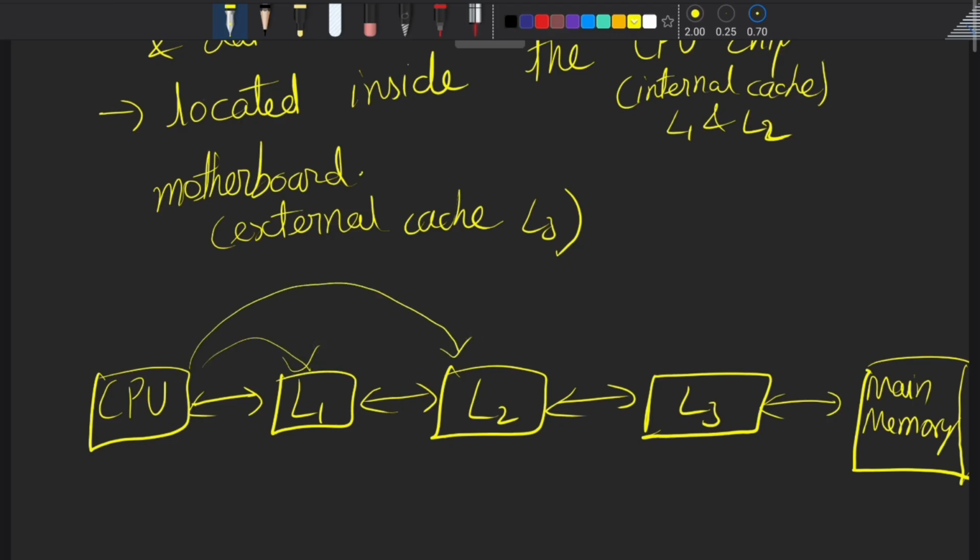If it finds the information here, it fetches it, and if it doesn't, it goes to L3. If it finds it here, it fetches it and takes it to the CPU. If it doesn't find it, then it goes to main memory.